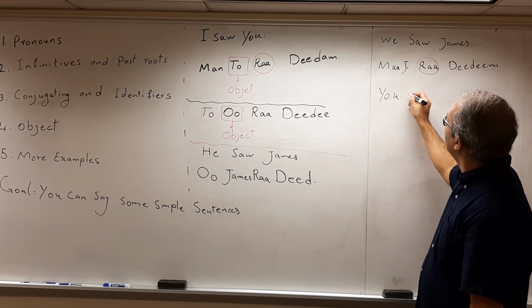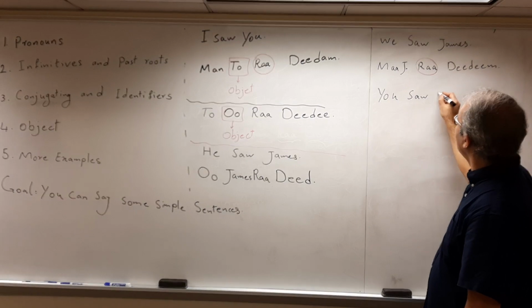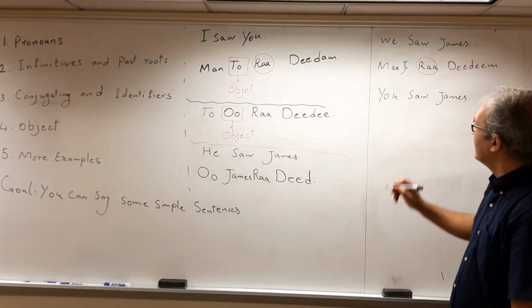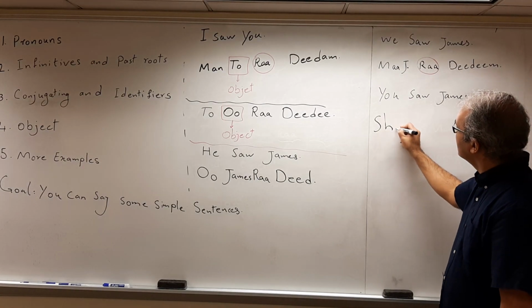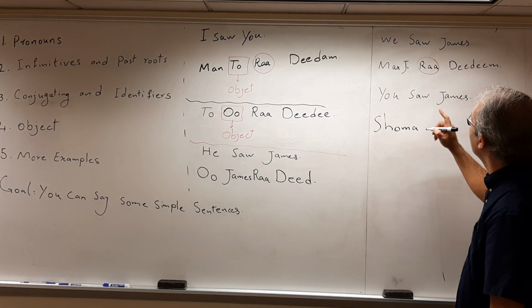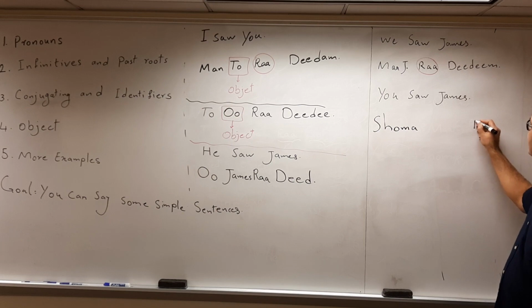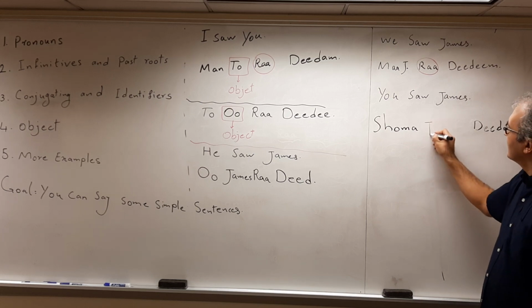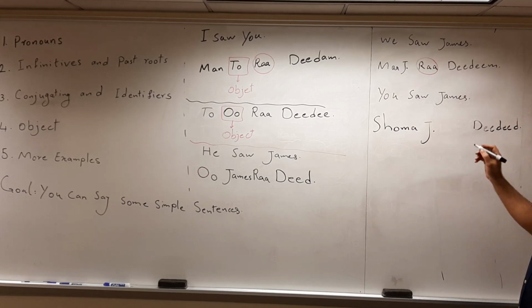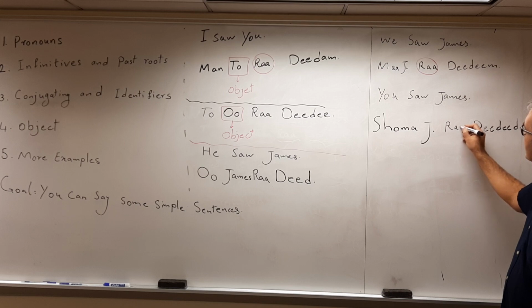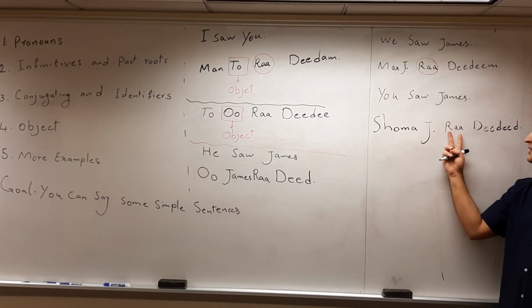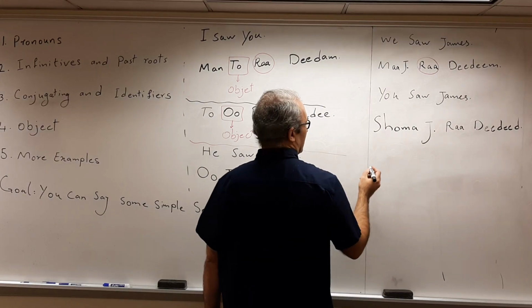You saw James. We have to say Shoma, did at the end, and the object should be here. James ra. We have to say Shoma James ra did it. And about they.